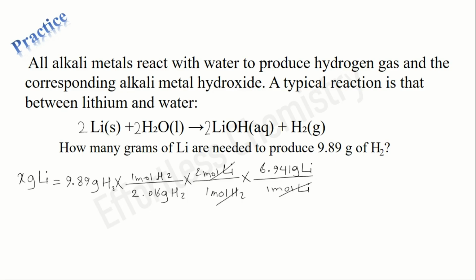They cancel with each other easily, and the answer is 68.1 grams of lithium needed to produce 9.89 grams of hydrogen.